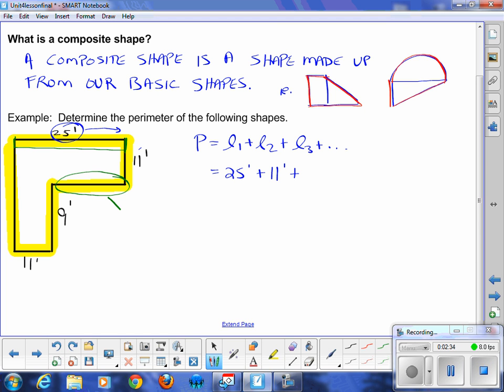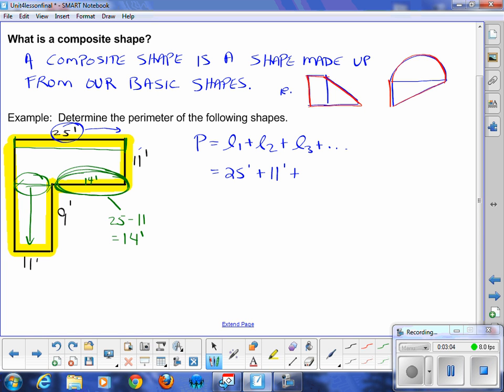I know that the small length here is given down below, and that's the 11 feet. So that means that the length I have circled here is the full length, 25, minus that small section there, minus 11. So in that area that I've got circled is 14 feet.